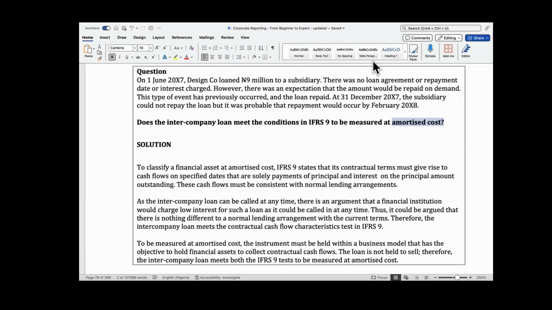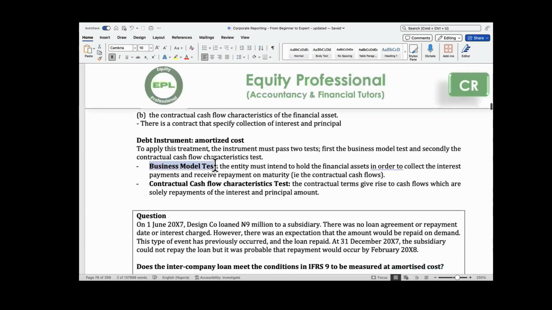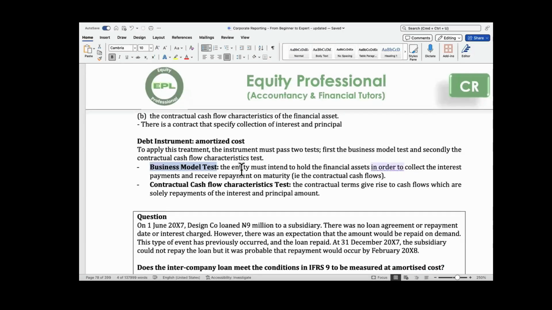So in this scenario now, he's not charging interest, fine, but he's going to get back his principal. So he meets this basis. He passed this business model test, which is the major one for us, that the intention is to collect interest and also receive principal at maturity.